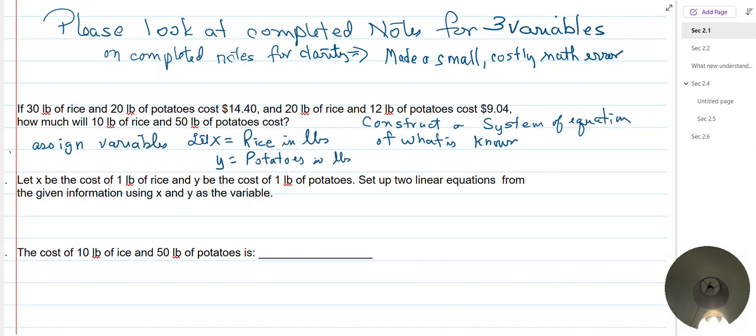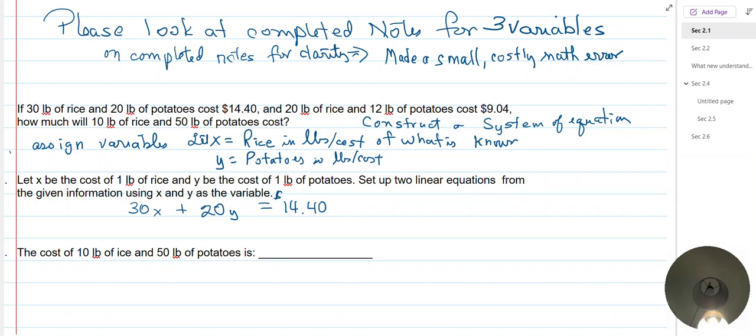All right, so now that we have that, or the cost, we have this statement: 30 pounds of rice, 30x, and 20 pounds of potatoes cost $14.40.